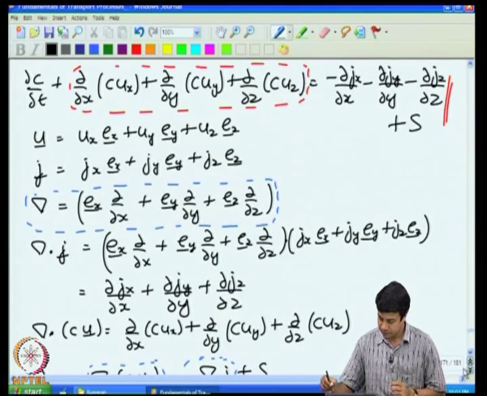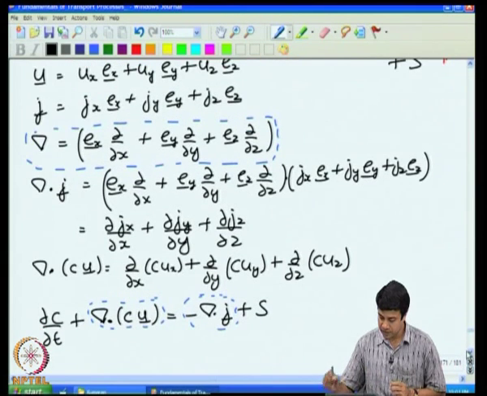And that vector equation is what I had at the bottom of the screen. Del dot, the gradient operator, is defined as Ex d by dx plus Ey d by dy plus Ez d by dz, and acts on the flux.